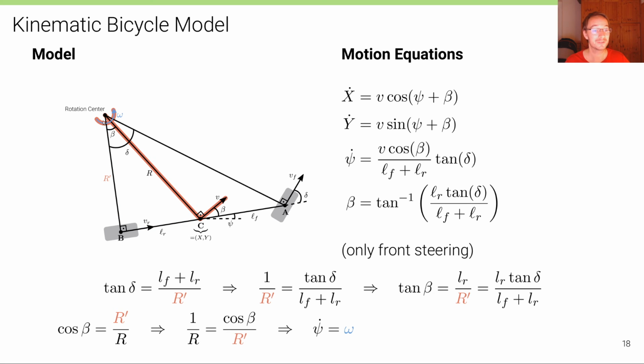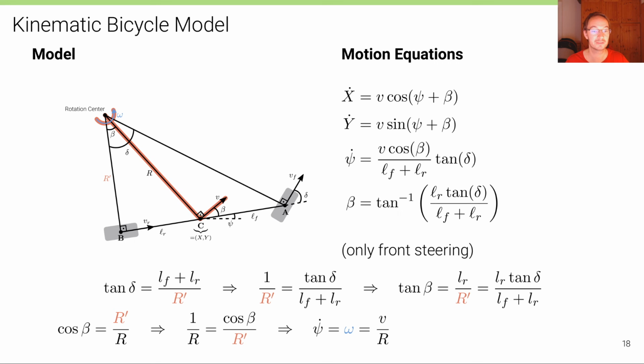And now we consider the angular velocity, finally, which is indicated here by this blue circular arrow, which is the rotation around the rotation center. So the angular velocity in blue is simply v divided by r. As we've seen in the previous unit, the velocity is simply the angular velocity times the radius.